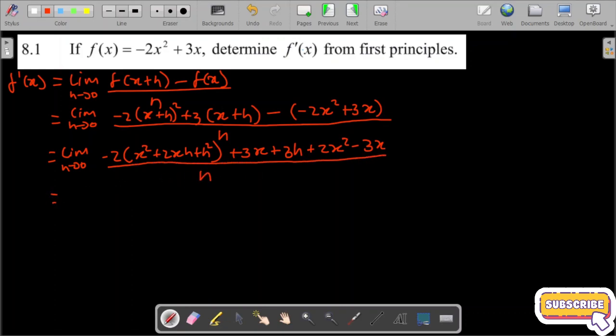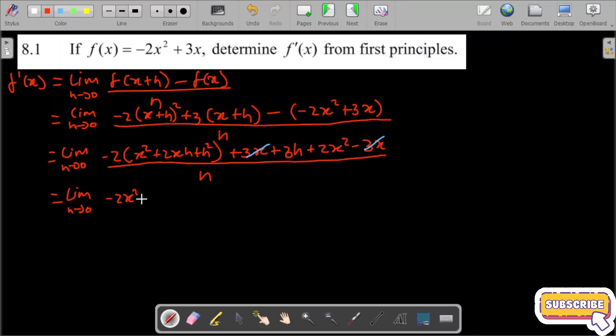Now equals, let me first deal with the like terms. I can see that this is going to cancel this, then I'm going to be left with these two here. Now let's open the bracket here, remember limit as h approaches 0. Then this and this give me a negative 2x squared.